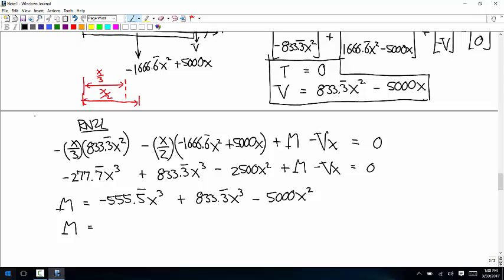That's 833 minus 555. So 277.7 repeating x cubed minus 5,000 x squared.